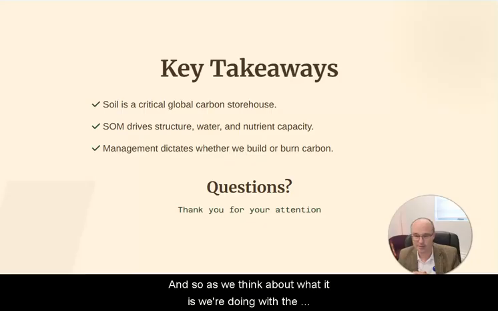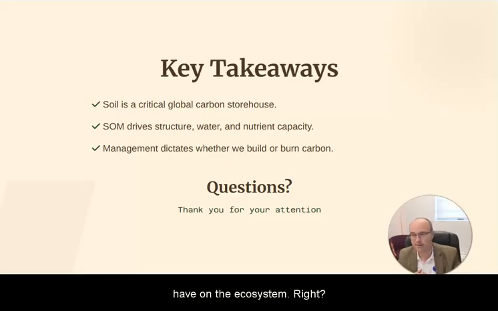As we think about what we're doing with the land that we grow on, we also need to anticipate what effect our management actions will have on the ecosystem.